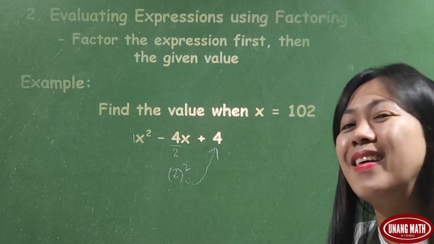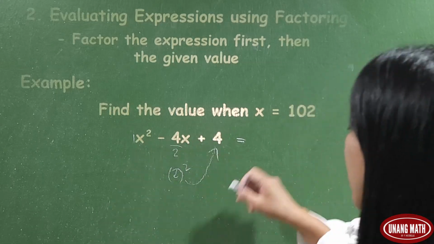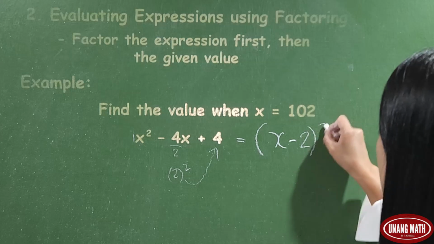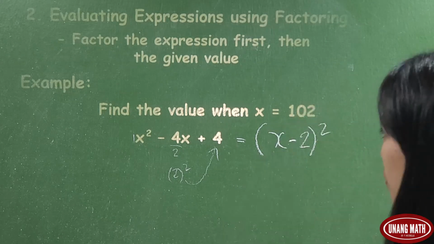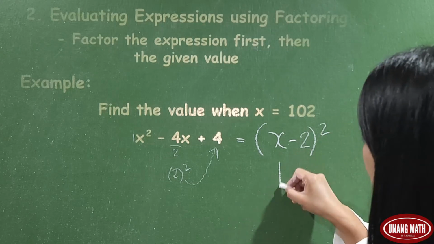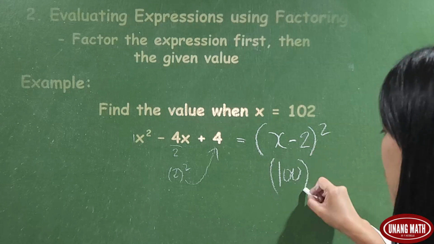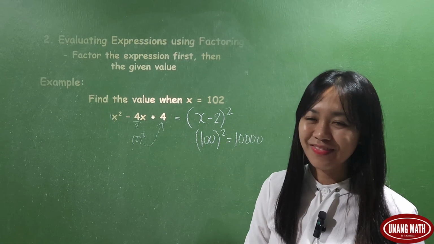So it means this is a perfect square trinomial. So if we are going to factor this out, this is then x minus 2 squared. We know that x is 102. Let's substitute. So that would be 102 minus 2, so 100, and 100 squared is equal to 10,000.